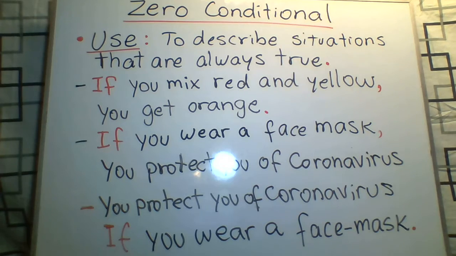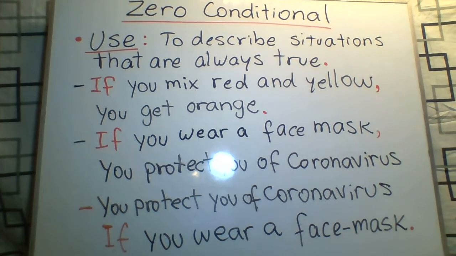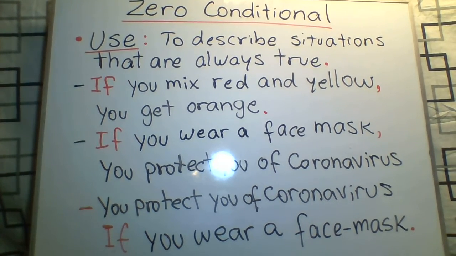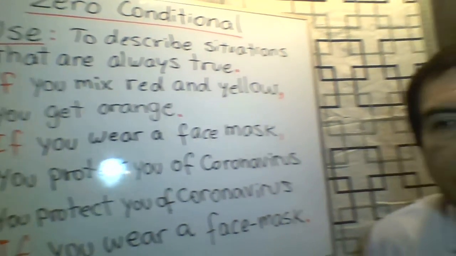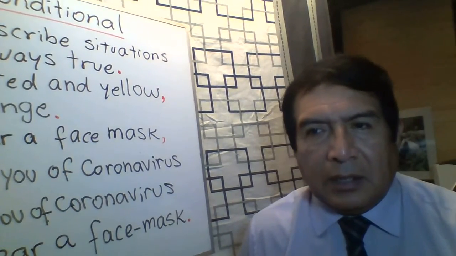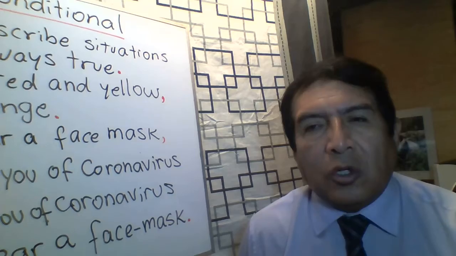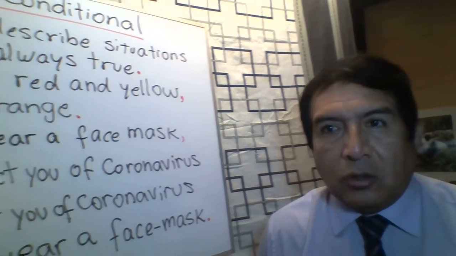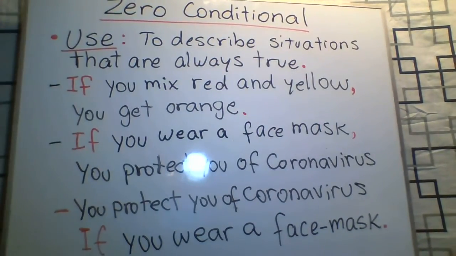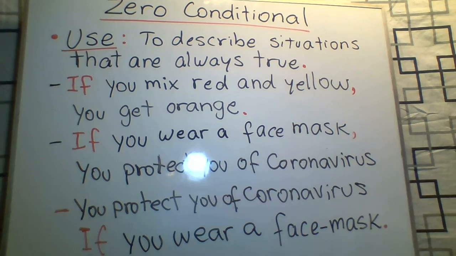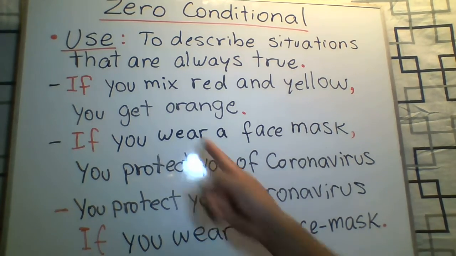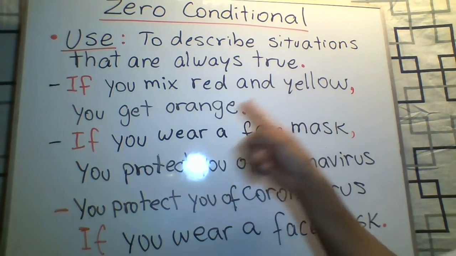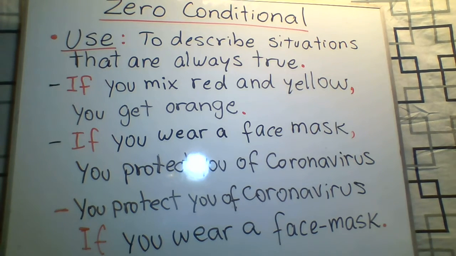As you can see, these examples talk about real information. You can say that you are really sure that if you mix red and yellow, you get orange. Is it true?